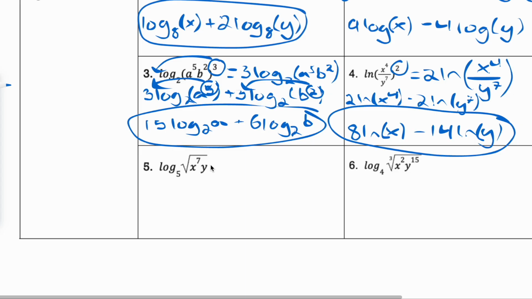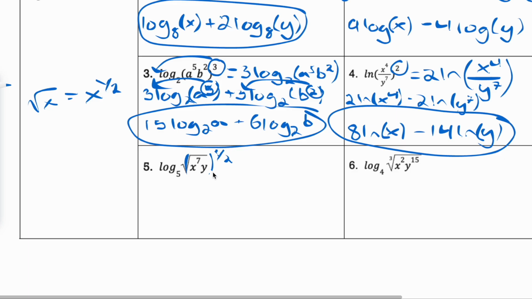Whenever we're taking the square root of x, that's just the same thing as saying x to the 1/2. So here, I'm just going to disregard that radical and write to the 1/2 power. That's our exponent.